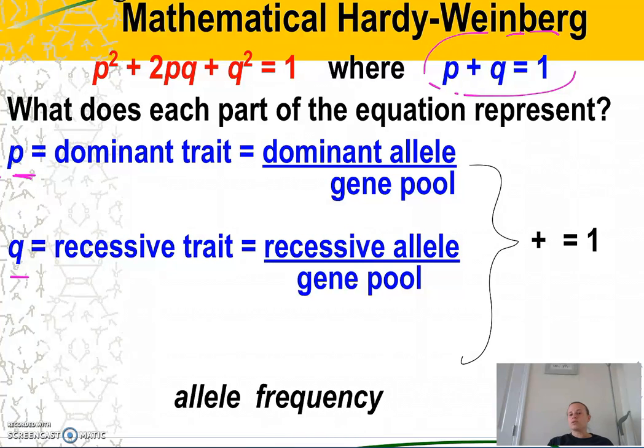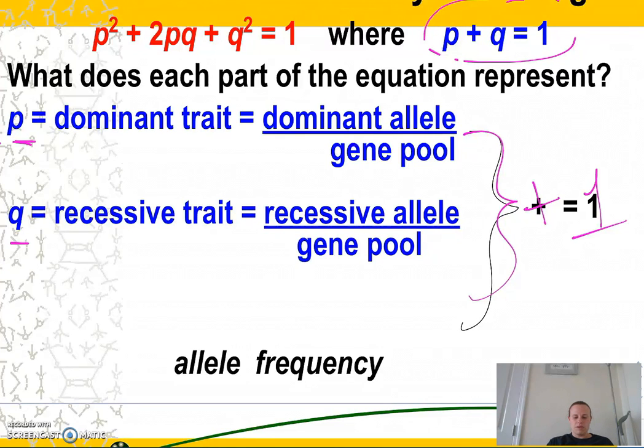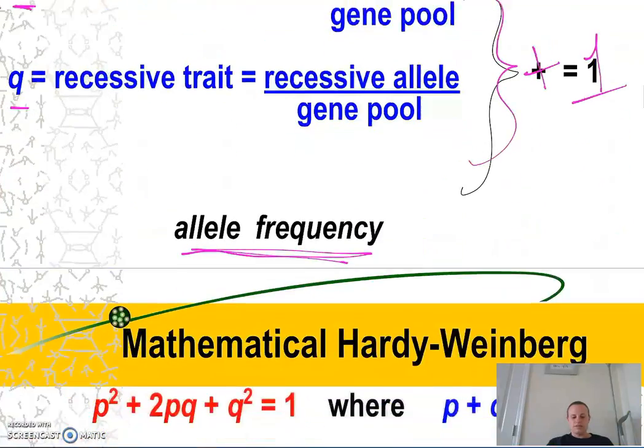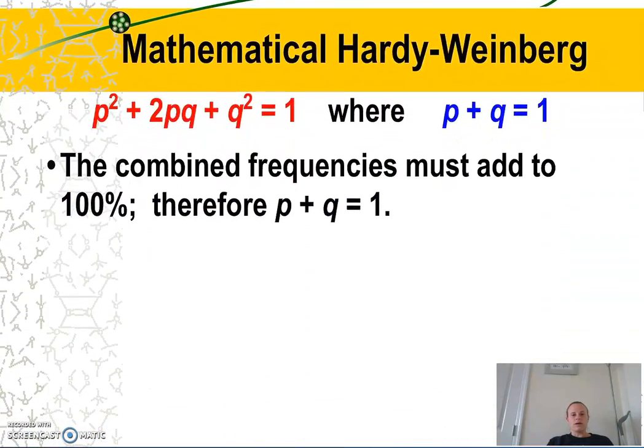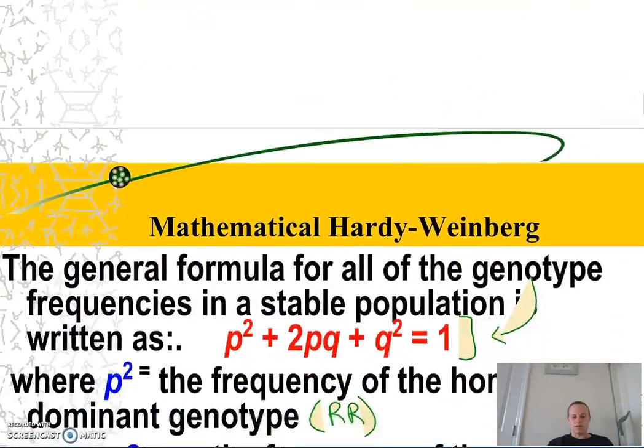Sometimes it can be given in a percentage, where if I add p plus q, it adds up to 1. And basically, when I'm talking about p and q, I'm talking about allelic frequencies. So, as I said before, the combined frequencies must add up to 100%. Therefore, p plus q must equal 1.